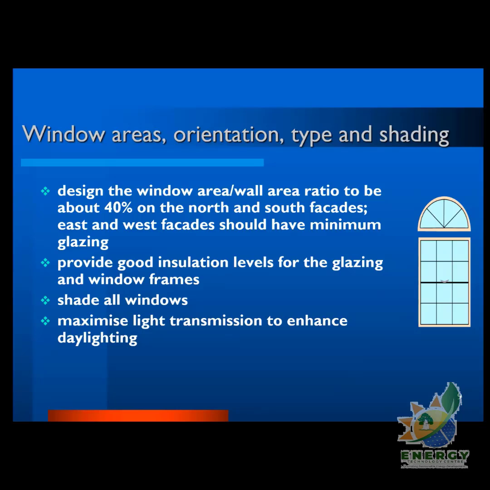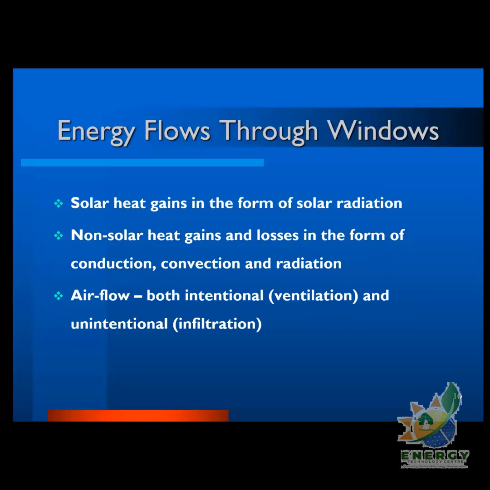And then you need to provide good insulation level for glazing and window frames, and shade all windows, maximize light transmission to enhance daylight. Windows, normally you have solar gain in the form of solar radiation that enters through the window.